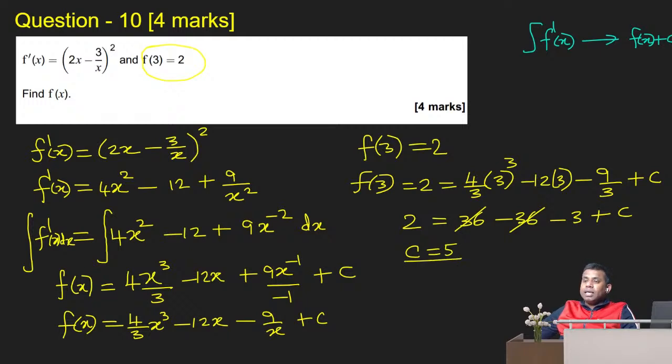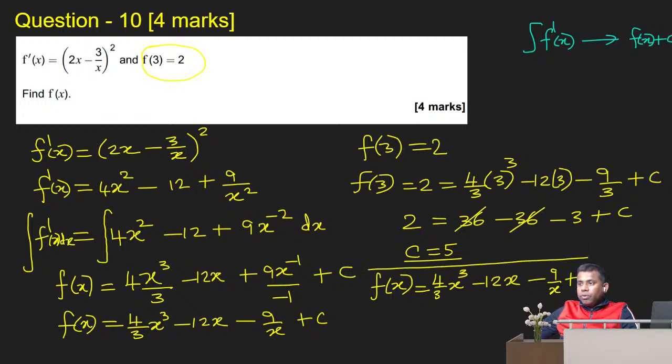Once you understand the c, you can write the function f(x) equals 4/3 x cubed minus 12x minus 9 over x plus 5. So this is the answer, including the c part.